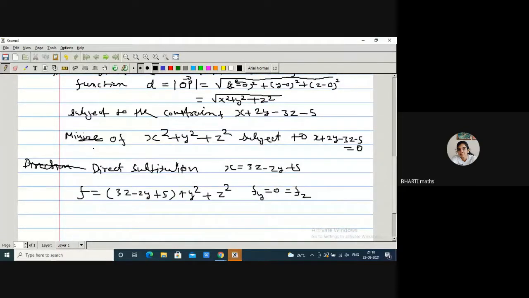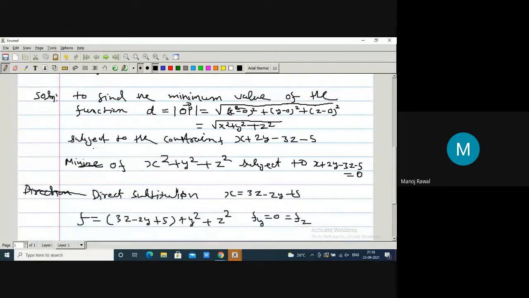Sir, I was asking, should it not be under root of x square plus y square plus z square? Yes, this should be, but I can take this also as a function, because due to symmetry the result will not change. This point will not change. So I am working on d square, right? You are absolutely right.